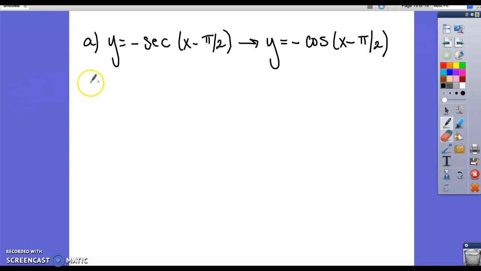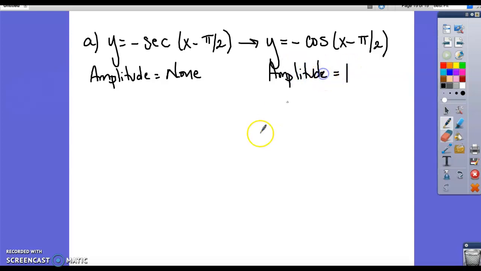Okay, first amplitude. Secant doesn't have amplitude. However, cosine does. So the amplitude of this function is 1. Okay, period is 2 pi over b.